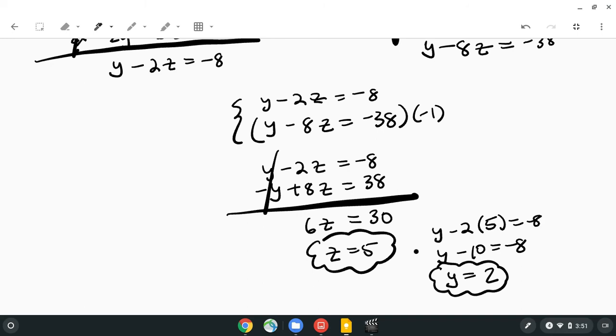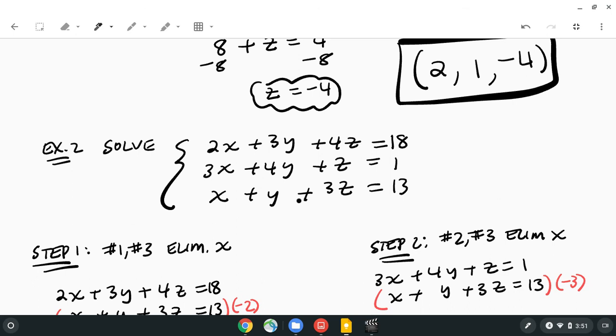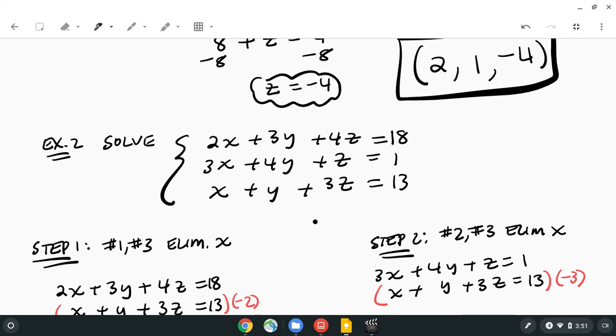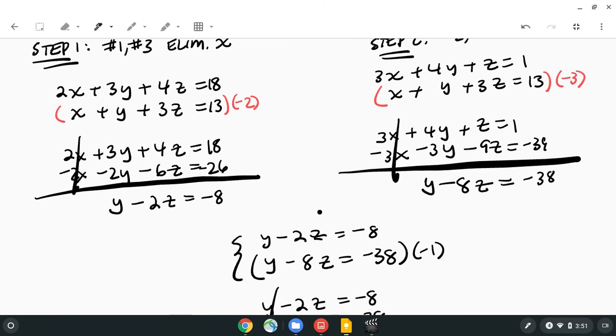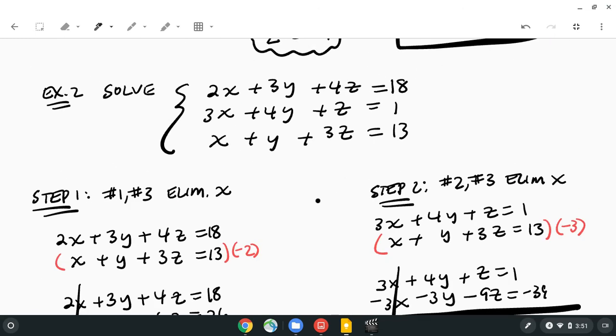To get the third one, you have to go all the way back up to where you have the third variable. What did we solve for? z and y, so I need to solve for x.